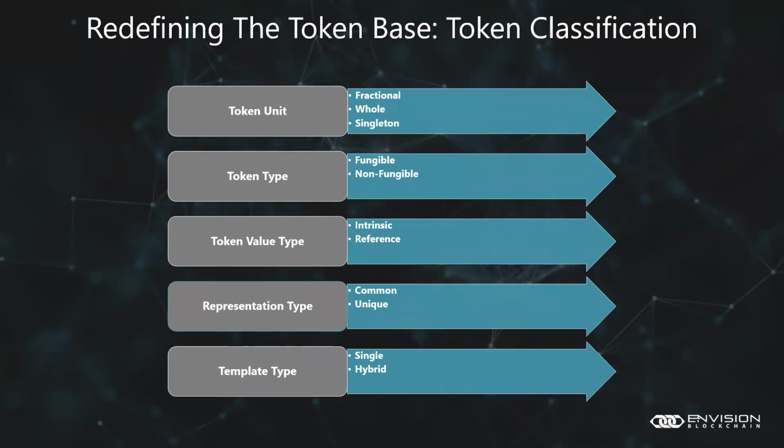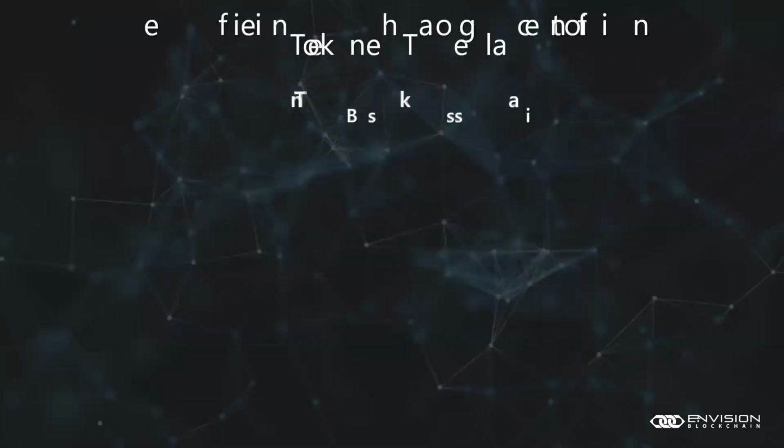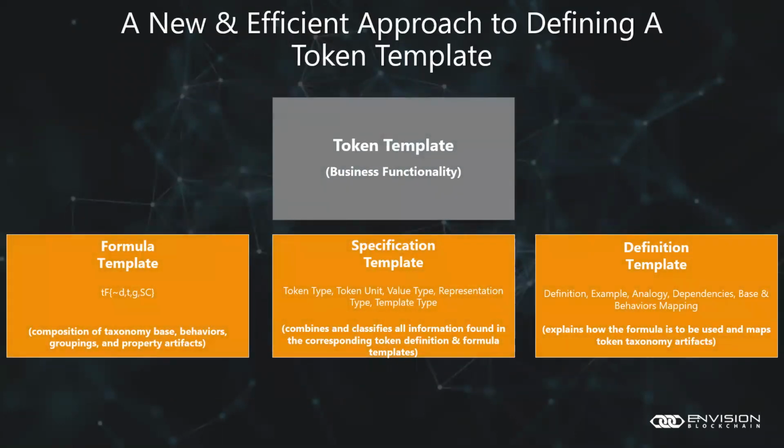Where the child relation and where the hybrid template type comes in would be the various different seating, which would of course have different costs associated, different monetary value associated with it, which obviously pertain directly to the physical world and how we can now begin classifying and representing these tokens. Moving forward, we now have redefined this new approach, and we briefly spoke about this new token template and how we can now look at it as a token template formula.